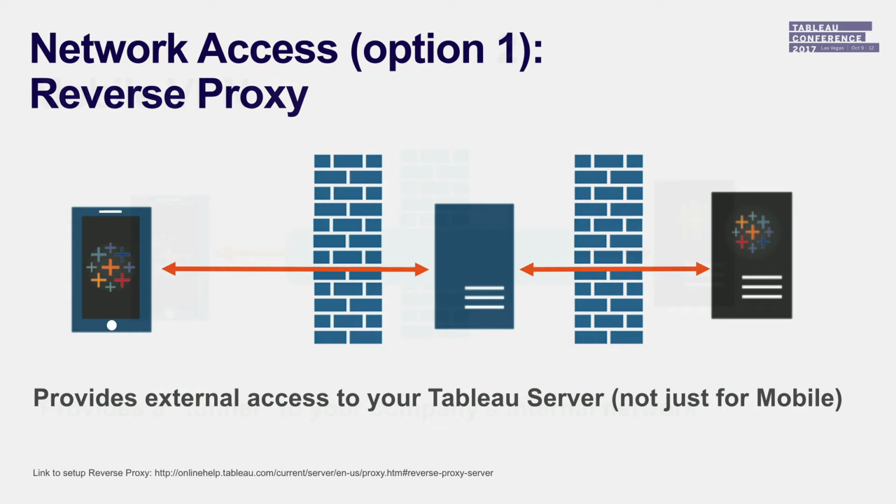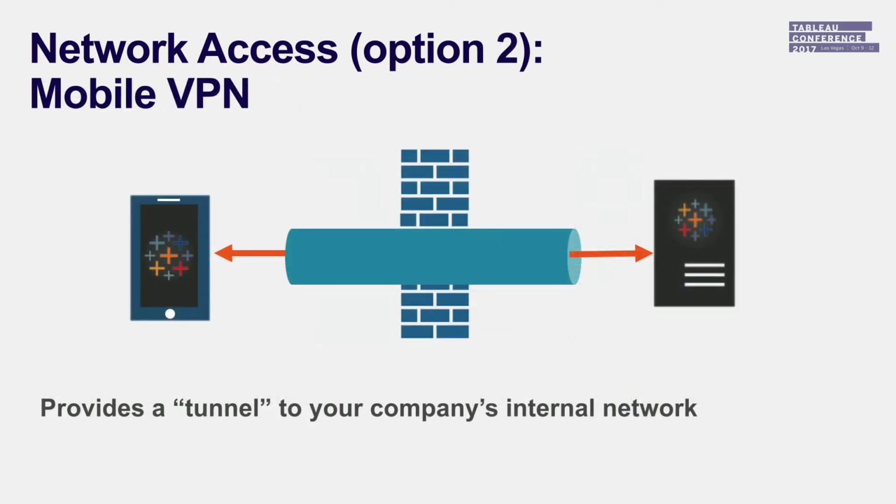Now, a more straightforward way to do it is through what's called a VPN, or a virtual private network. And this way, the conceptual idea is that a hole is punched through the firewall, and this tunneling is then allowed so that the app can connect directly with the Tableau server.